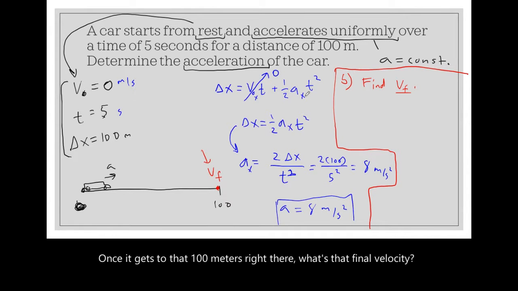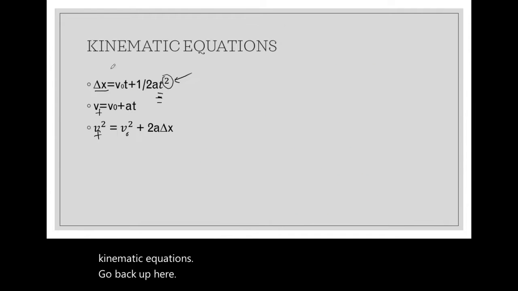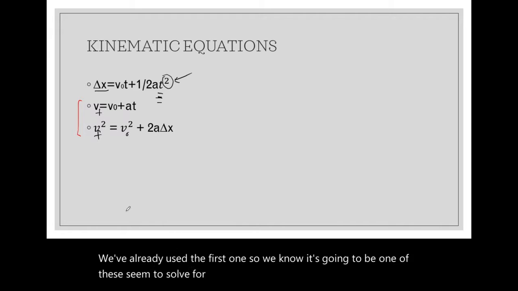All right. So what's the final velocity going to be? Go back to our kinematic equations. Let's go back up here. We look at these three, and we've already used the first one, so we know it's going to be one of these two to solve for the final velocity.